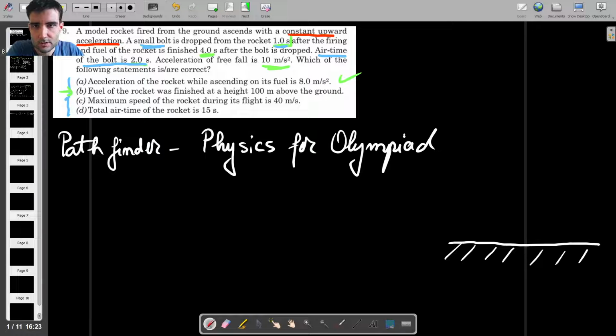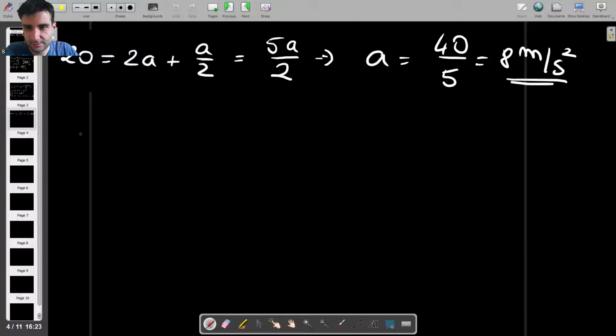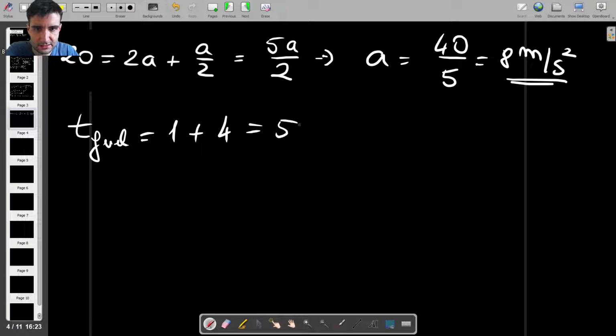The question tells us that a small bolt is dropped 1 second after takeoff, and then the fuel finishes 4 seconds later, right? Which means that the time for the fuel to run out is 1 plus 4, which is 5 seconds. So after 5 seconds from takeoff, the fuel depletes. So if we find the height of the rocket at that moment, that's the height we need.